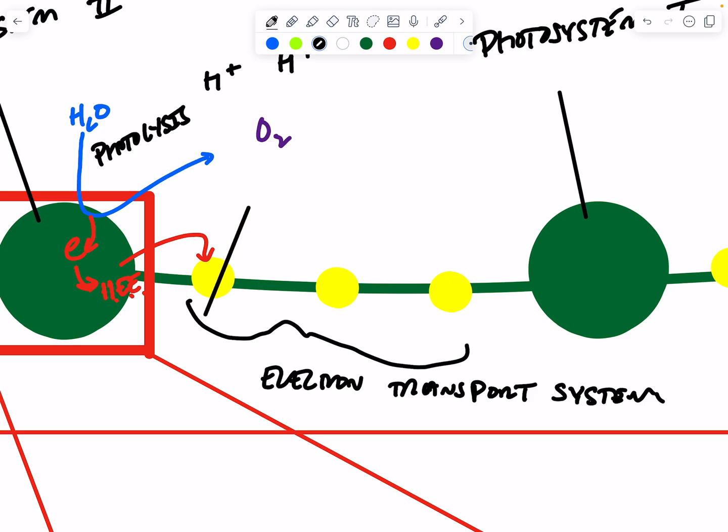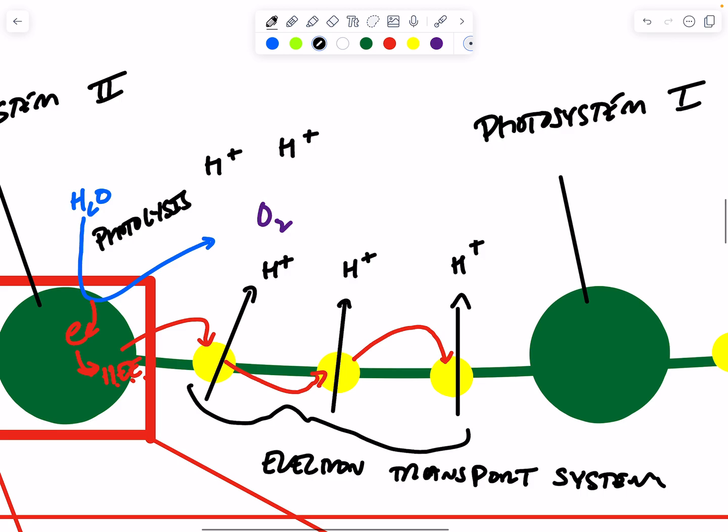These proteins pump hydrogen ions, which are just single protons, into the membrane. So every time the electron is passed from one to the next, a hydrogen ion is pumped into the membrane, and then we pass the electron here, and a hydrogen ion is passed into the membrane.